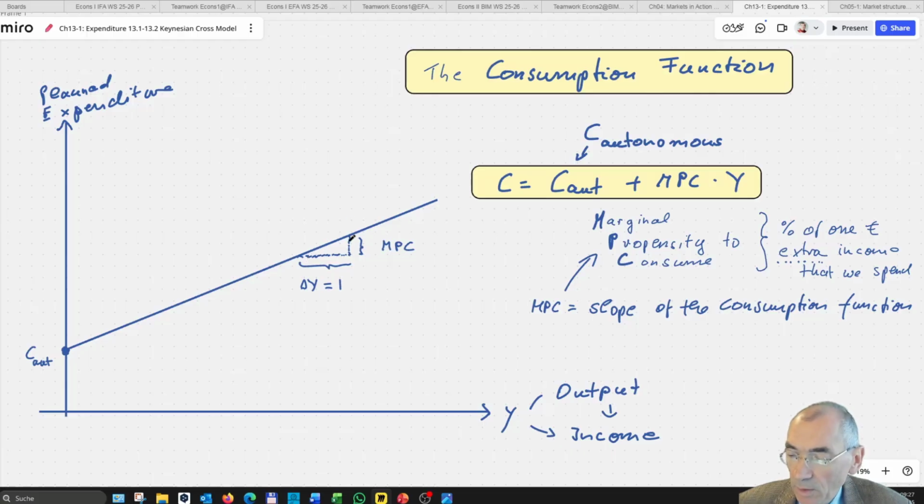So when we do our triangle, our rise over the run, that defines the slope, and we go 1 to the right. If we increase Y by €1 income, then MPC describes the percentage, describes how much of this are we going to spend? And that's it. That's the Keynesian consumption function.